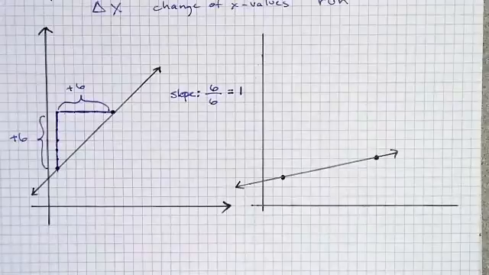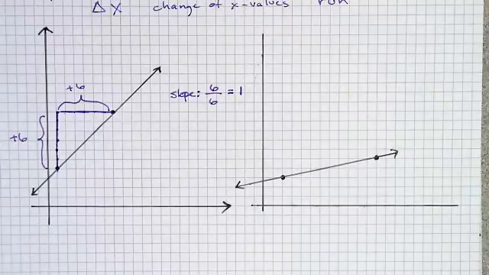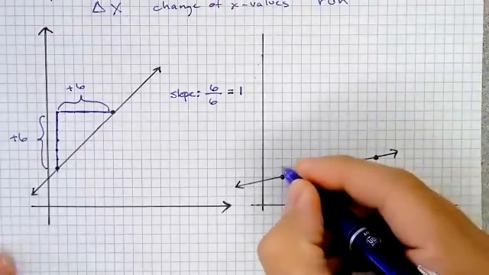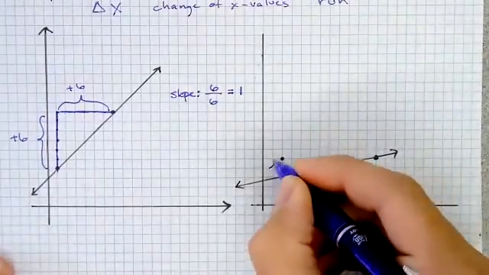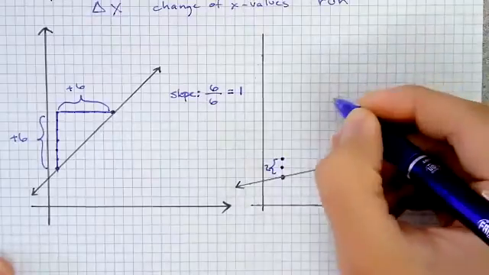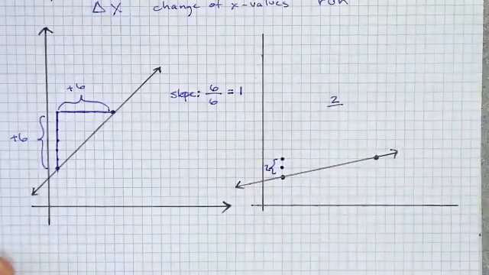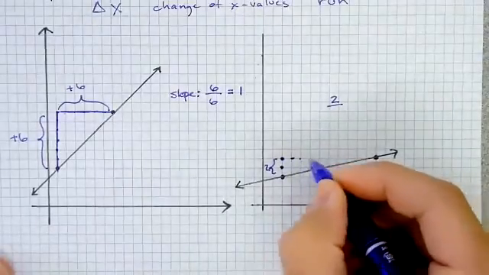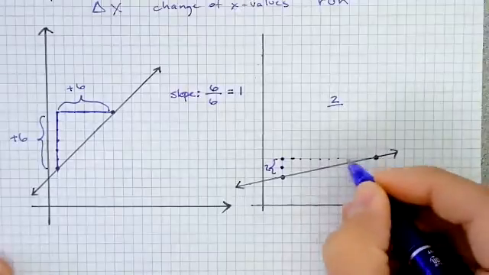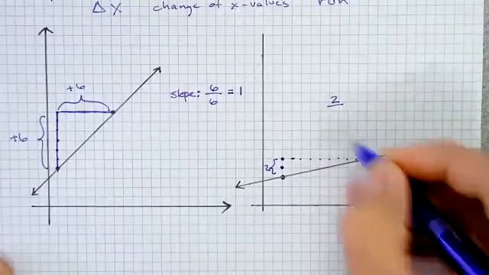Okay, so same thing on this one. You want to find 2 points that the line goes through. I kind of outline them so that they're easy to see. Okay, so this one goes up 2, and then over 1, 2, 3, 4, 5, 6, 7, 8, 9, 10.